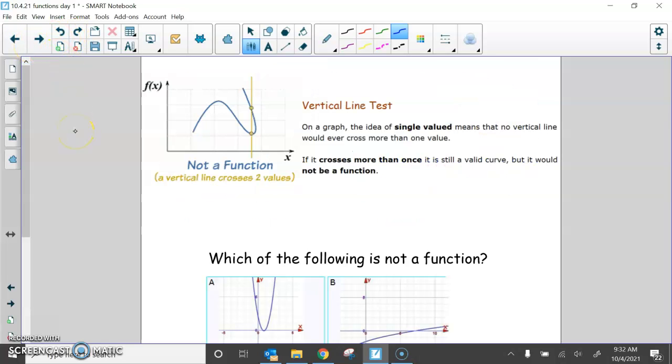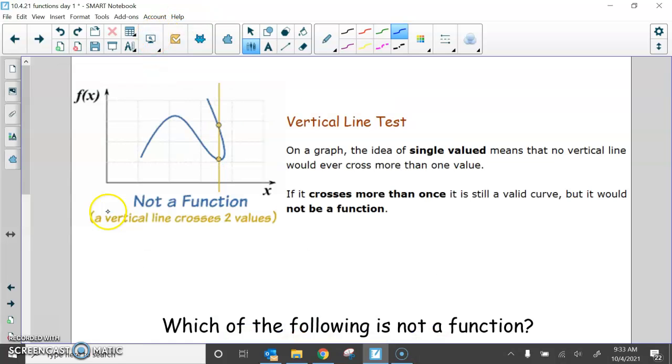Okay, then we have the vertical line test. It says on a graph, the idea of single valued means that no vertical line would ever cross more than one value. That's what the vertical line test tells you.